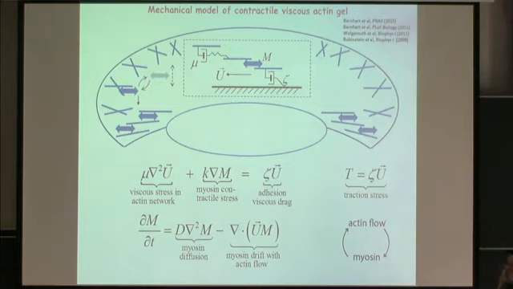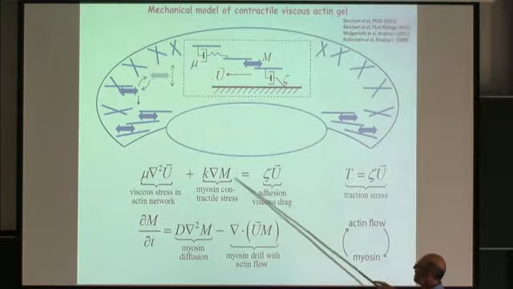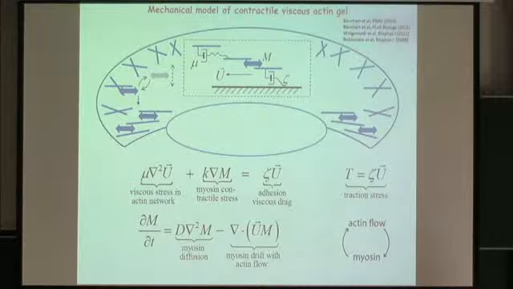Then myosin will create net forces such that the force is trying to move the actin network into the aggregate of myosin. So myosin is moving the actin network up the gradient of myosin density. And then this flow of actin brings even more myosin to this aggregate, which creates even higher forces and higher flow, and on and on and on.